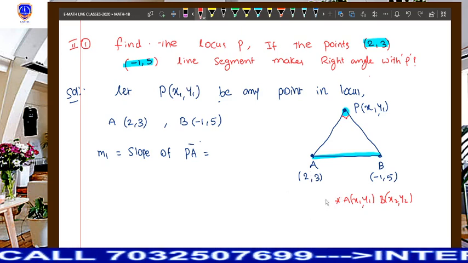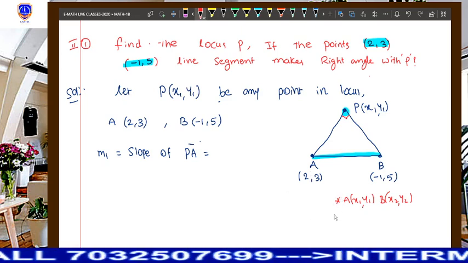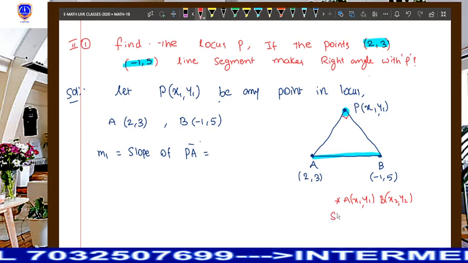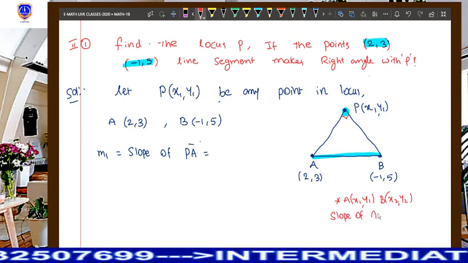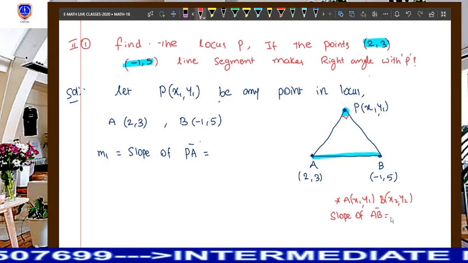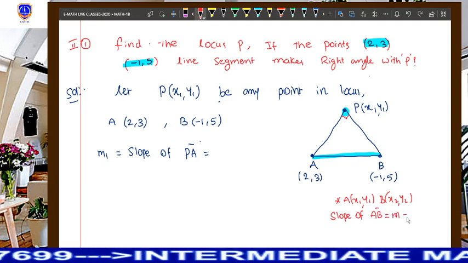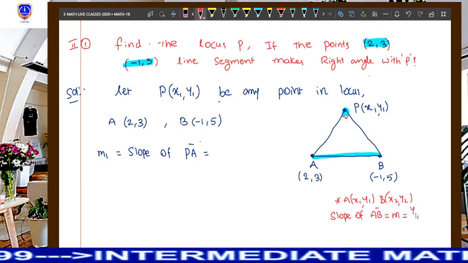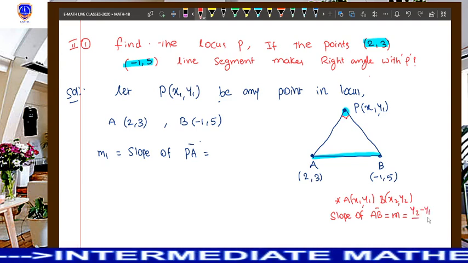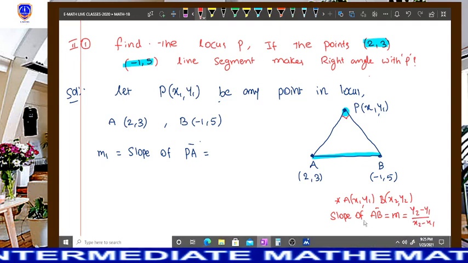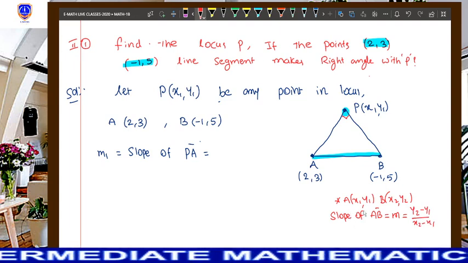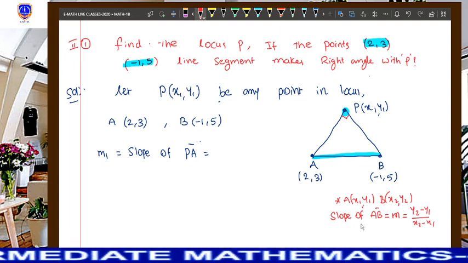Capital A is (x1, y1), capital B is (x2, y2), and the slope of AB bar, we can say it is M, and its formula is (y2 minus y1) by (x2 minus x1). This is the formula we are using to find the slope.